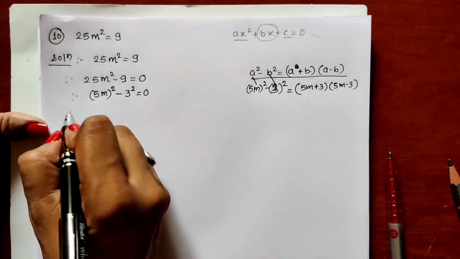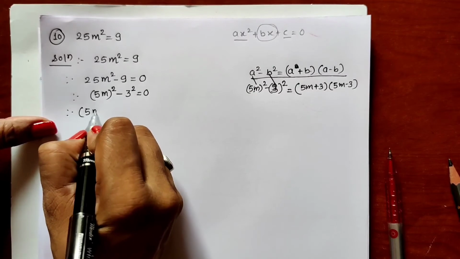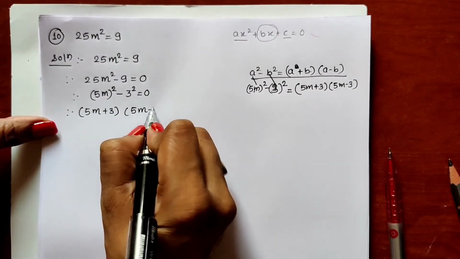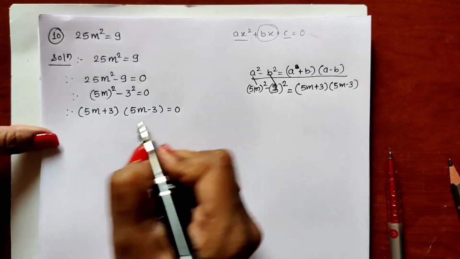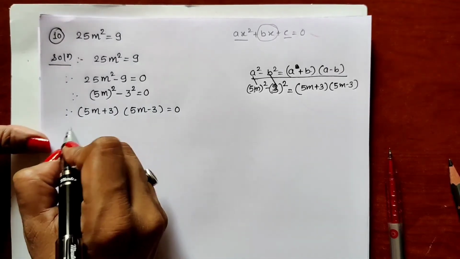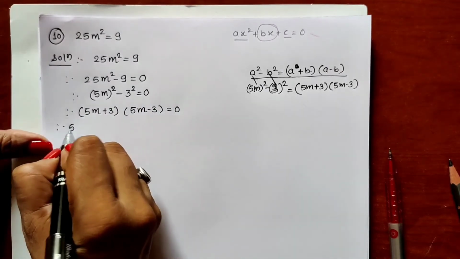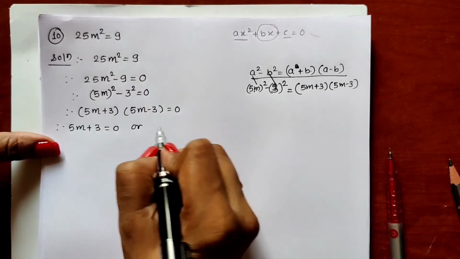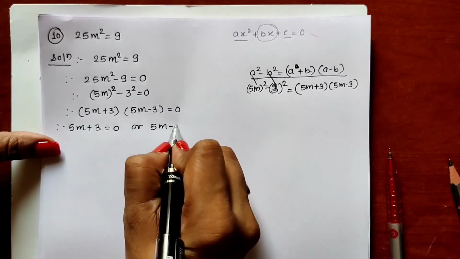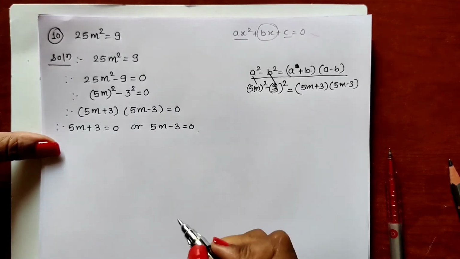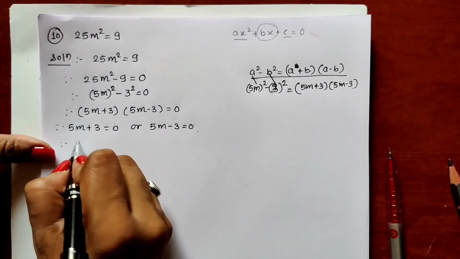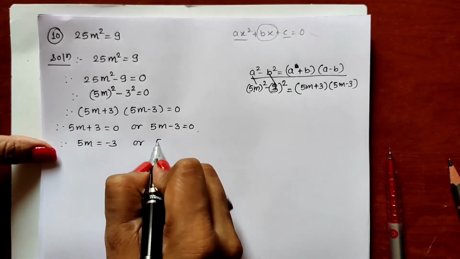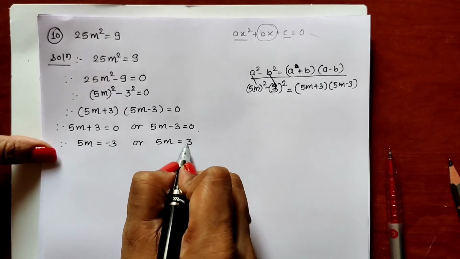So let us apply the formula. Therefore 5m plus 3 and 5m minus 3 is equal to 0. So two brackets we are getting, that means what? 5m plus 3 is equal to 0, or 5m minus 3 is equal to 0, and therefore 5m is equal to minus 3, or 5m is equal to plus 3.